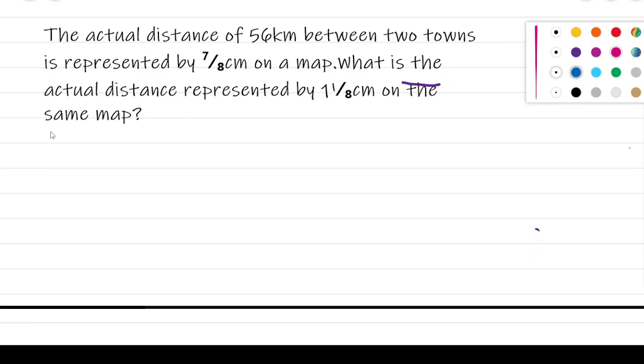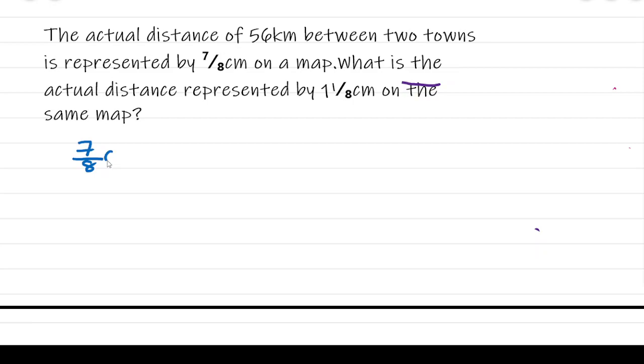Okay, so let's continue with the good stuff. Now, because 7/8 centimeter is equal to 56 kilometers, let us find what 1 centimeter will equal before we find 9/8. Let's first of all find 1, and let me write our solution.